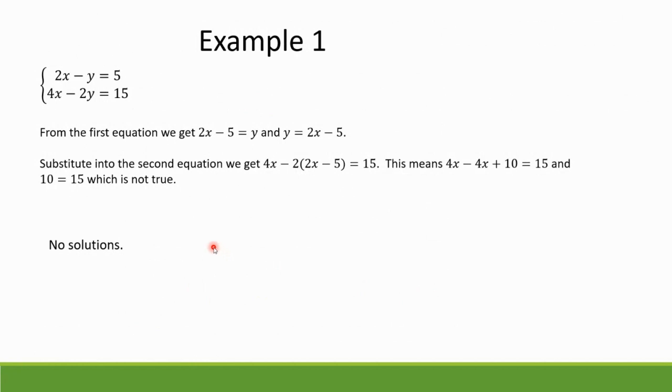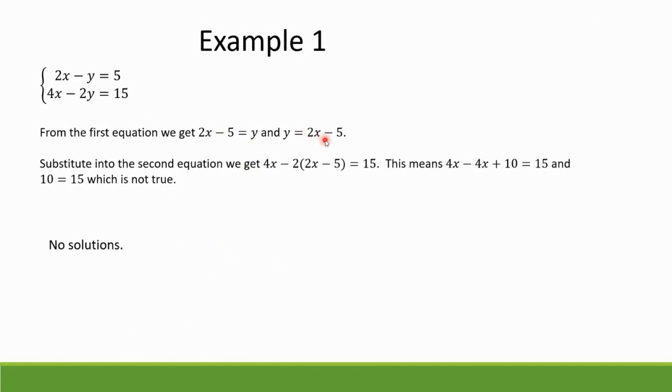From the first equation, right, we have 2x minus 5 equals y. And then just like the first example, you can get y in terms of x. Okay, that's what we can do. Now, put it into the second equation, right, just like we did in substitution.